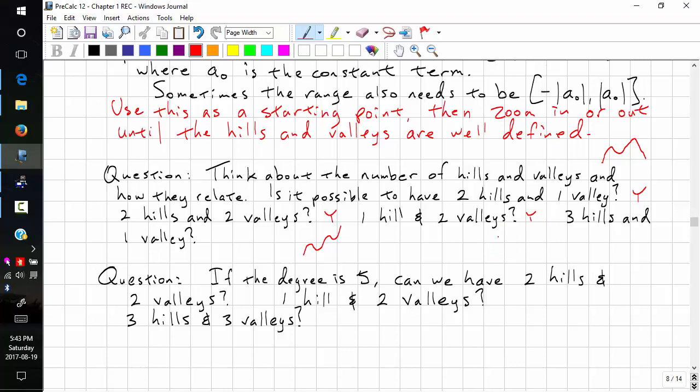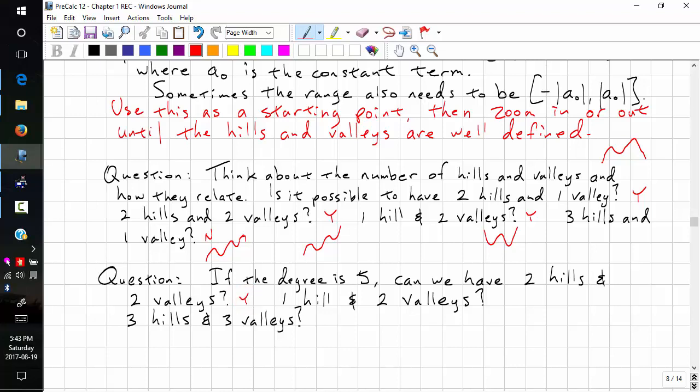So instead of starting with a hill, we have to start with a valley. Valley, hill, valley. 3 hills and 1 valley. No, we can't do this. If we start off with a hill, valley, hill, we can't have another hill without another valley. So that's not possible.